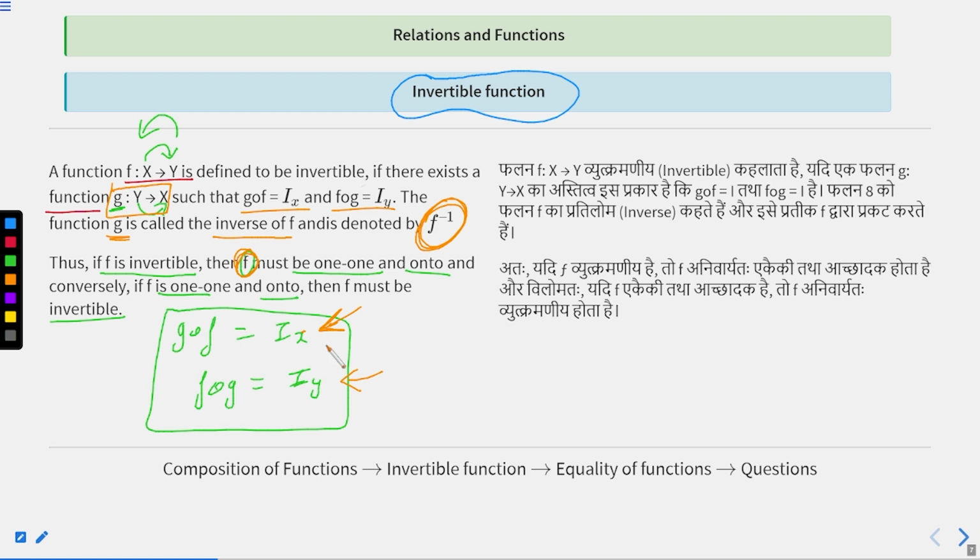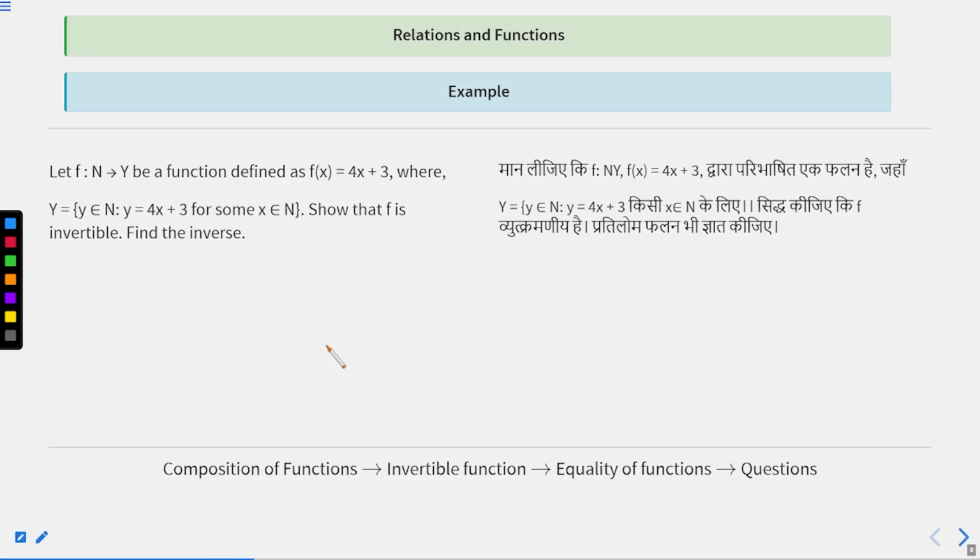Okay, let's move next. From an example, we see f defined from the natural number set N to the set Y. It is defined like this: f(x) is equal to 4x plus 3, where Y is the set such that the collection of all natural numbers y such that y is equal to 4x plus 3 for some x belonging to the natural numbers, so that f is invertible.